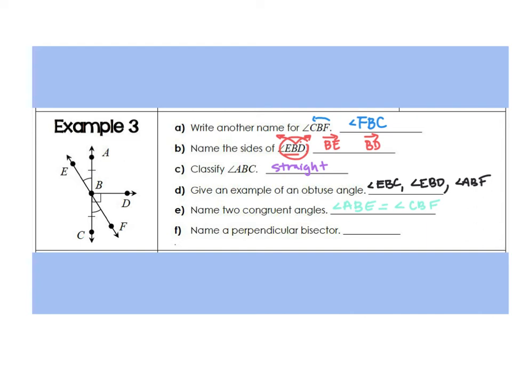Notice that this is my line, right? And let me use a different color. I use orange. This line right here is being cut by BD and it makes a 90-degree angle right here. Therefore, my perpendicular bisector would be BD because that's the one that is cutting it. All right.